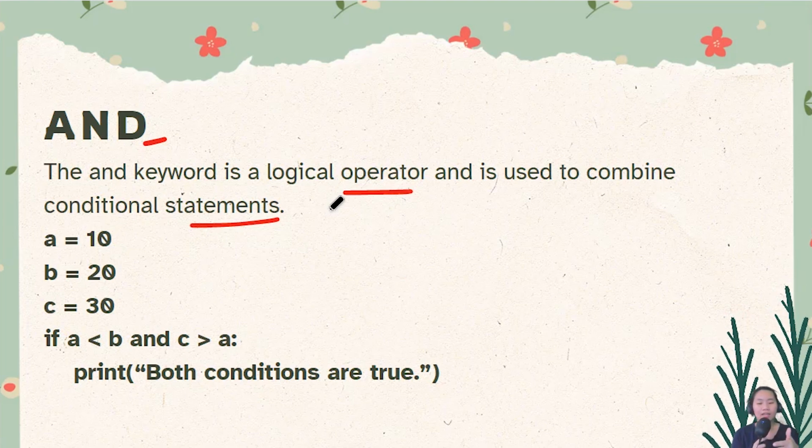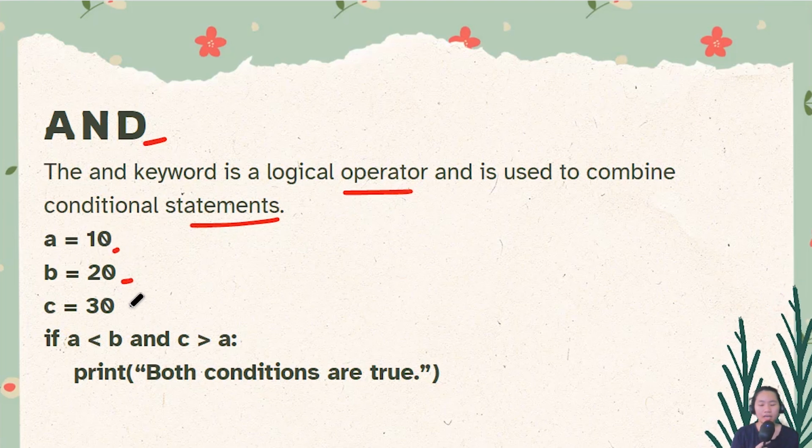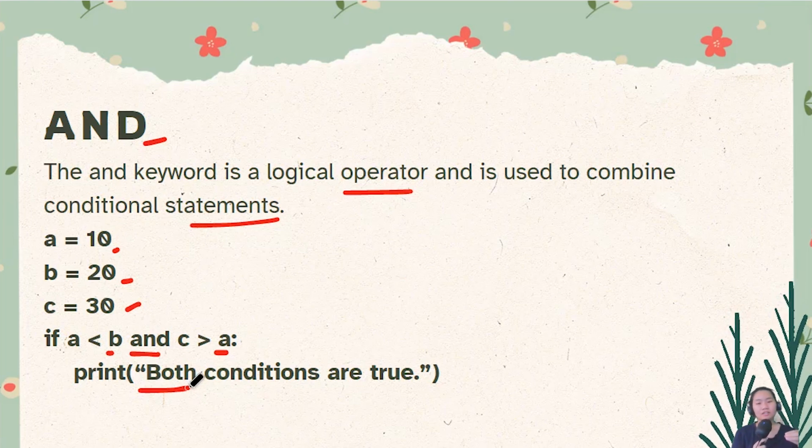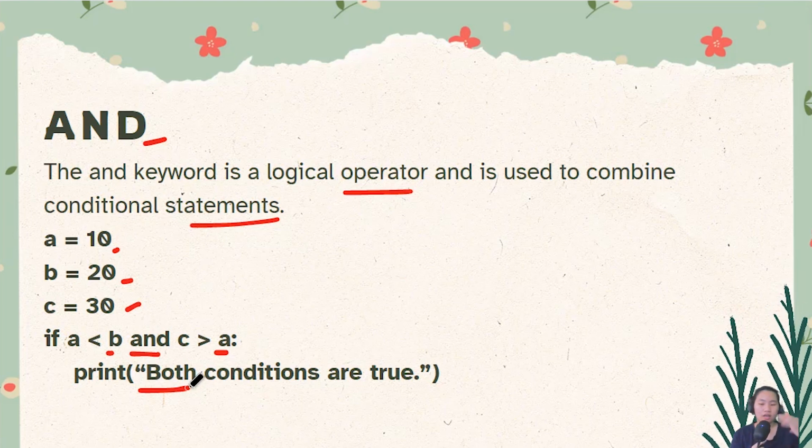So that's what and is for. So I have a, b, and c. If a is less than b and c is larger than a, print both conditions are true. So both must be satisfied. If only one is satisfied, this will not be met. It'll print something else, okay? Or it won't print anything at all if you don't add elif or else into this block of code.